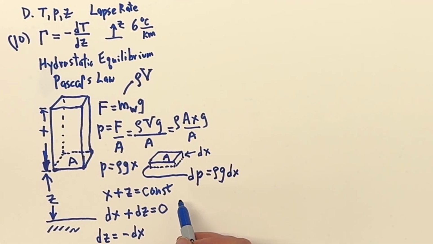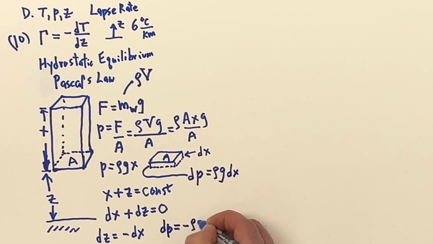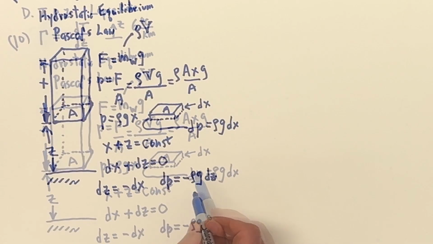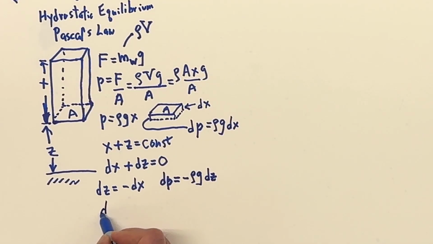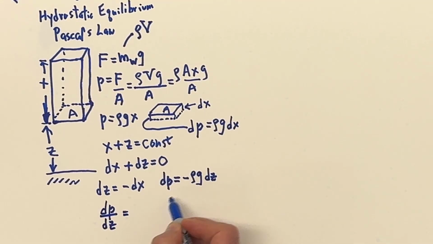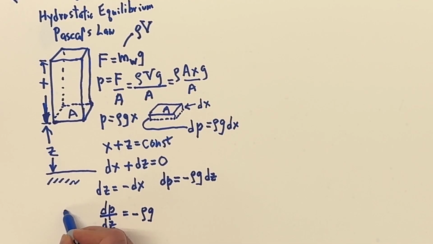And then you look at the relationship with the minus sign, so that means the pressure, dP, is minus rho g dz. So coming from here, we can write the derivative, dP/dz is equal to minus rho g. And that is our equation 11 in our course.